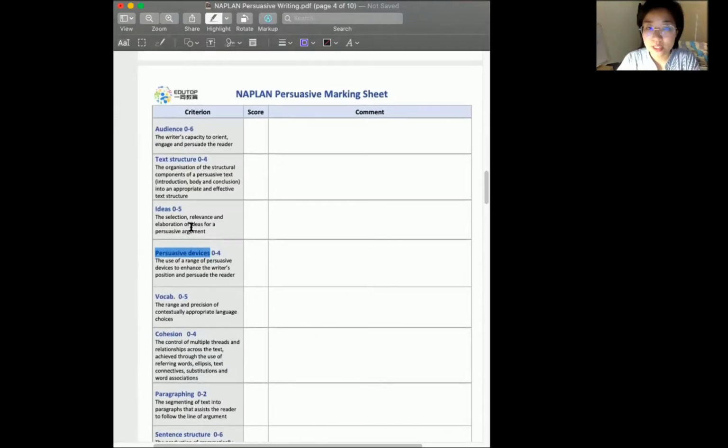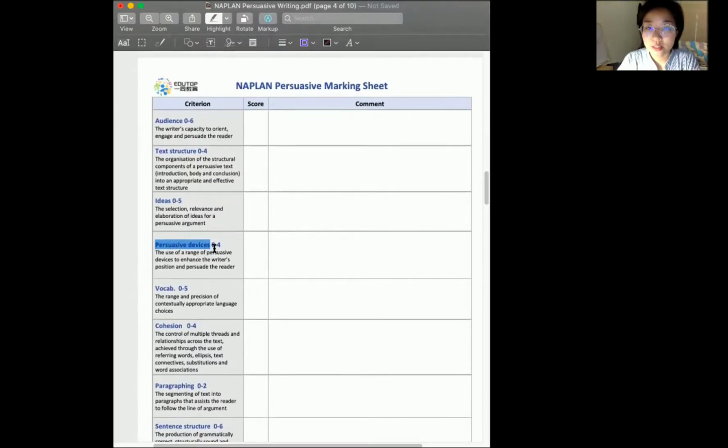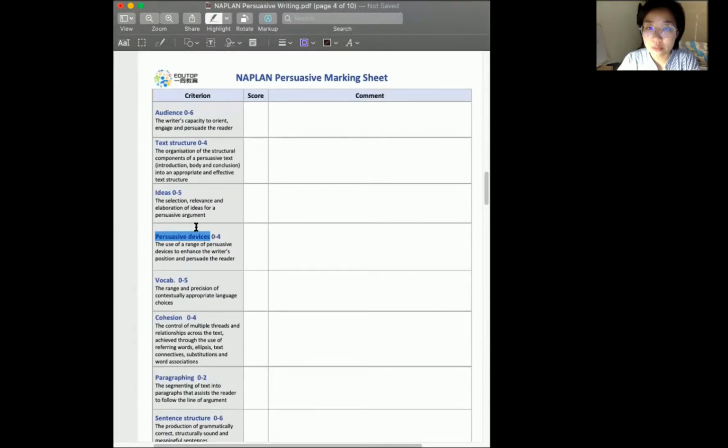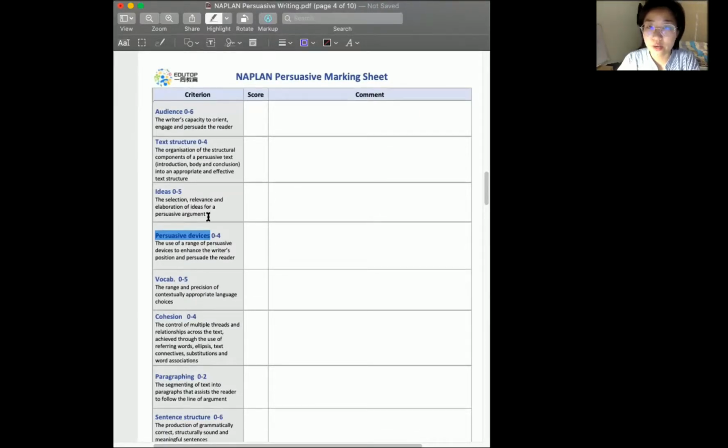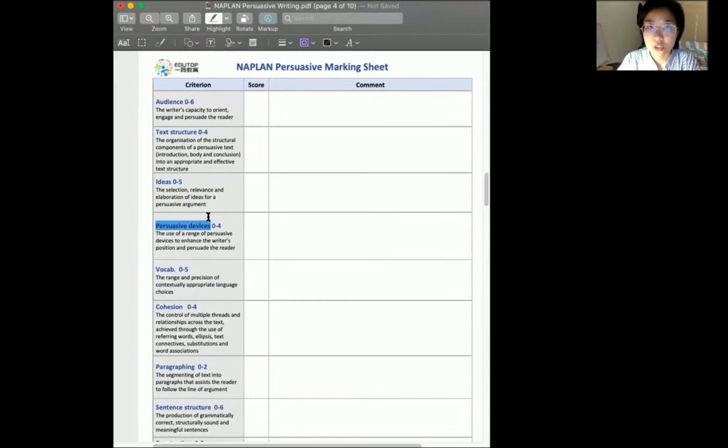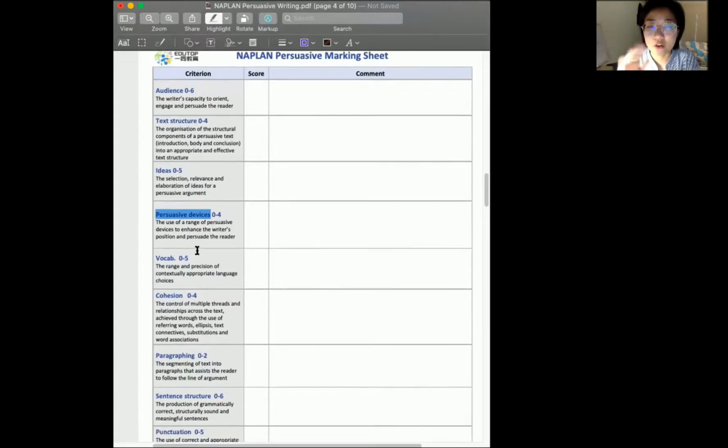Ideas have to be relevant, and you have to elaborate your ideas for the persuasive argument, of course. So I believe if you use the TEAL structure, you will meet that goal real quick. You won't go off track by following the structure because it is very logical and organized in that way.